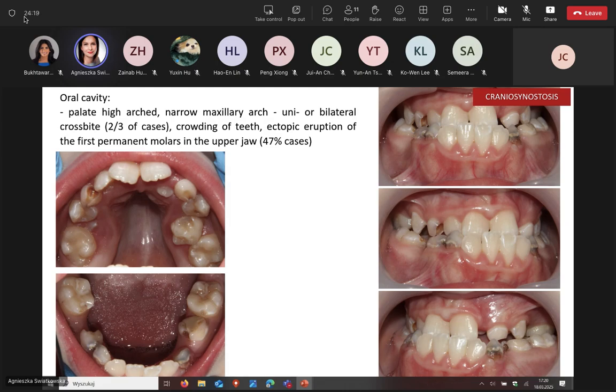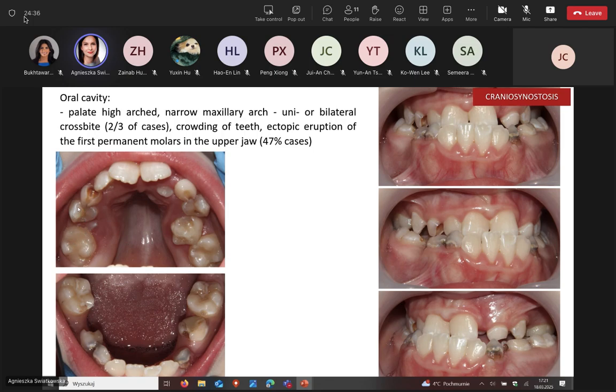This is a typical situation, very characteristic for this group of patients: ectopic eruption of the first permanent molars in the upper jaw. We can observe it in 47% of cases. Here we also have this situation.